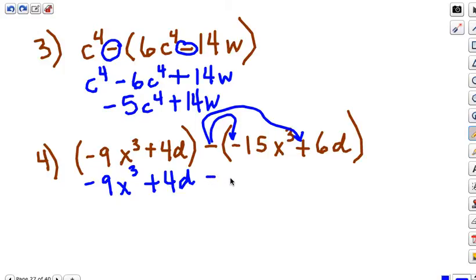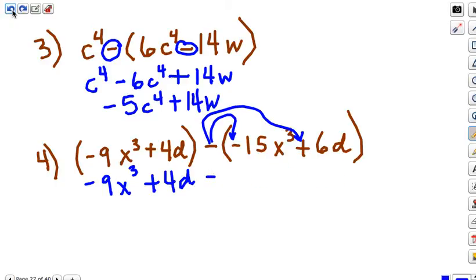You could write it like this, minus negative 15x cubed, and then minus 6d, and then this would then become plus. So if that helps you with seeing that, you could also do that.